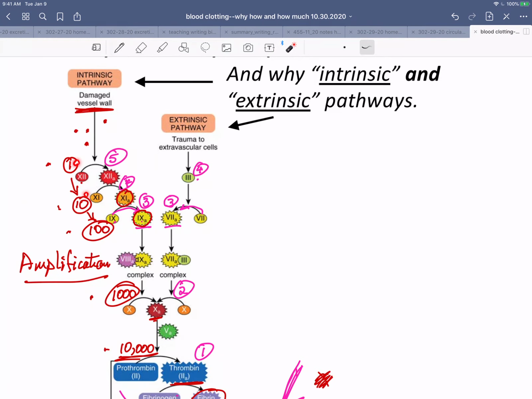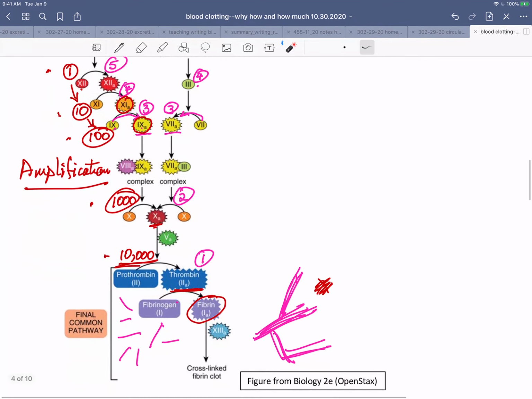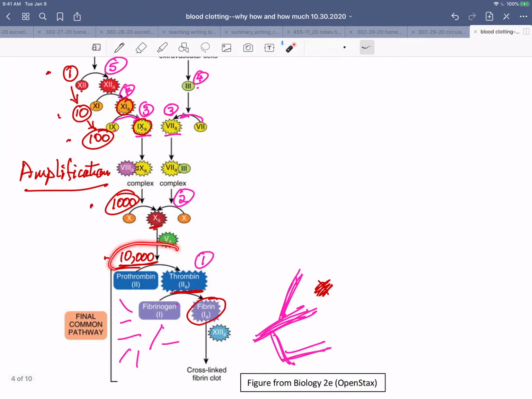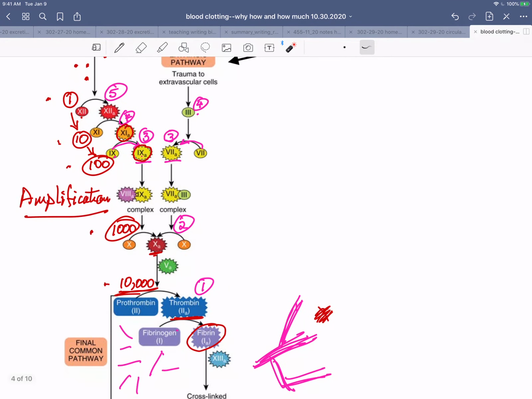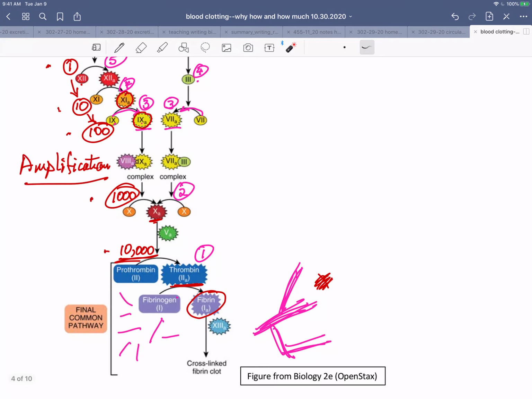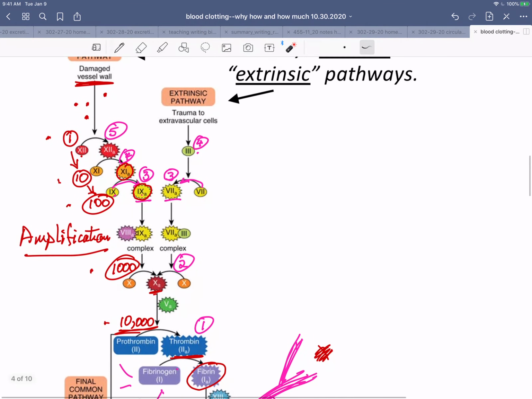These amplification steps mean that the first few bits of damage start this whole clotting pathway, so that very quickly you've got tens of thousands of thrombins activating hundreds of thousands or millions of fibrins. However, animals with lower pressure circulatory systems don't have the same selection pressures to clot quickly. And in fact, there's a trade-off here.